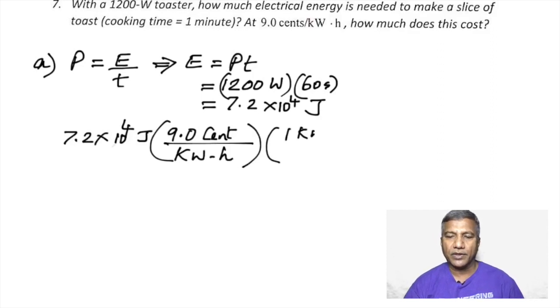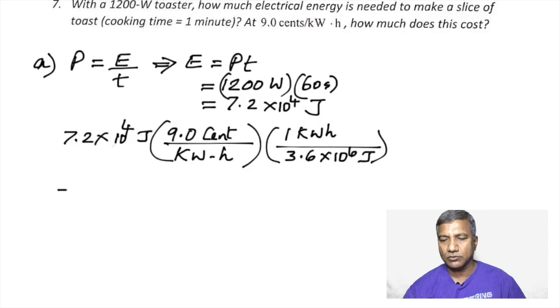Okay, so 1 kilowatt hour is 3.6 times 10 to the 6 joules. How do I get that? Remember that 1 hour is 3600 seconds. And then because it's a kilowatt, you have to multiply 3600 with 1000. Okay, so I think you got it.